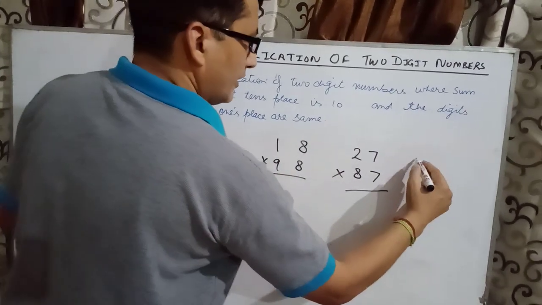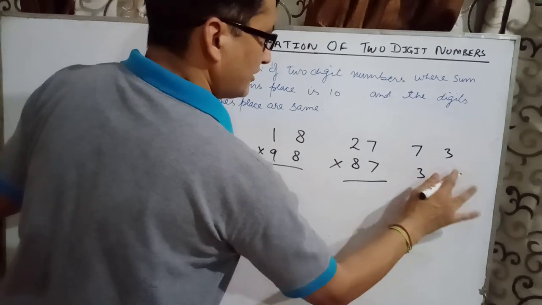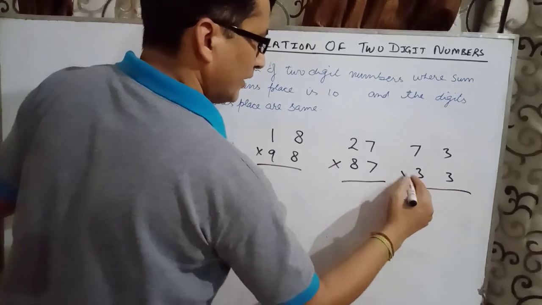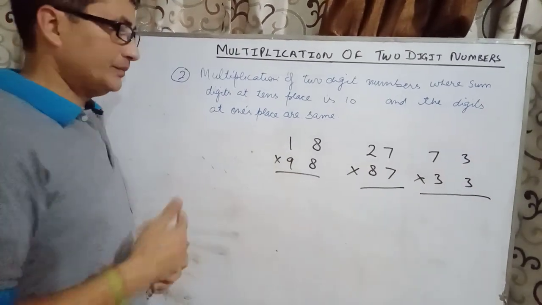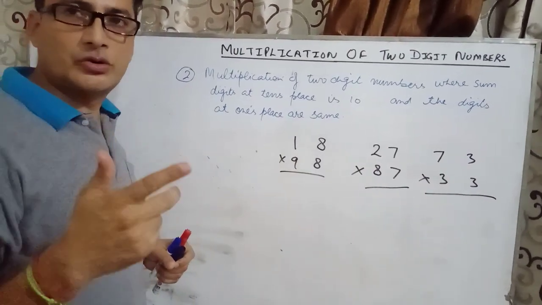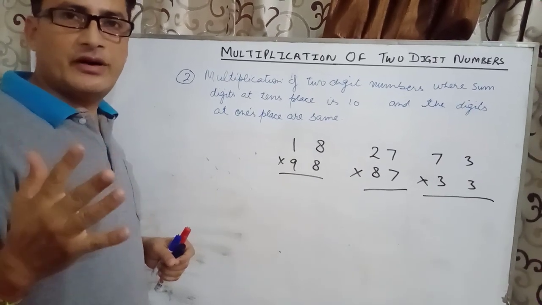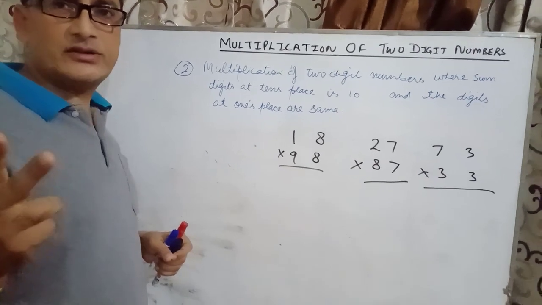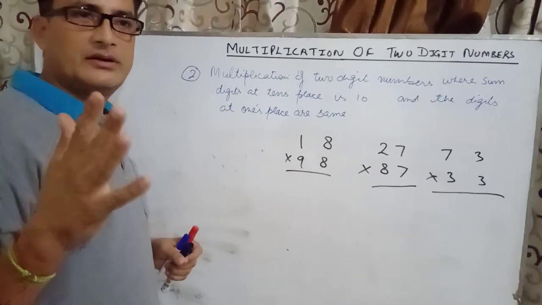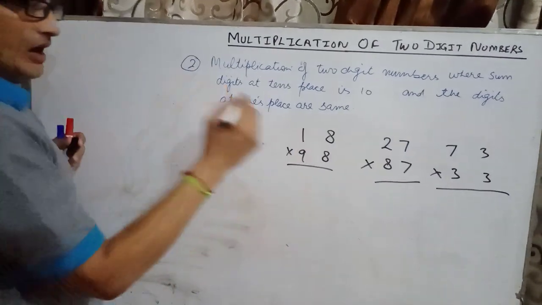Then 73 into 33. Students, your time starts now. You have just 10 seconds. 1, 2, 3, 4, 5, 6, 7, 8, 9, 10. Stop writing, students. Now I'll give you the answers.